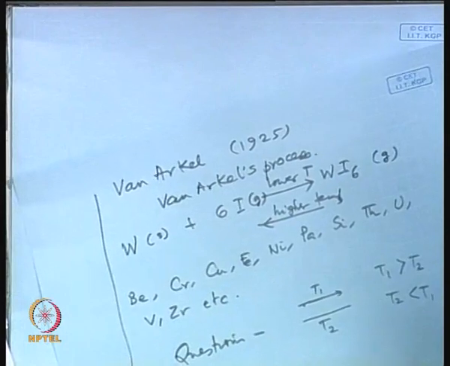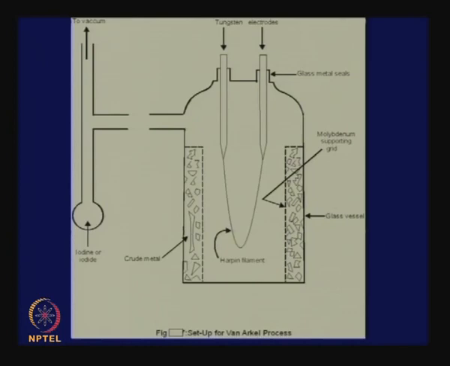But before I proceed, let me show you this diagram. This figure shows how purification of tungsten is done by Van Arkel's process. These are the two tungsten electrodes. This is a tungsten filament, and by passing current, this filament is kept at a high temperature.